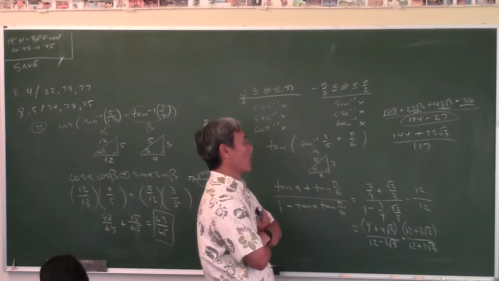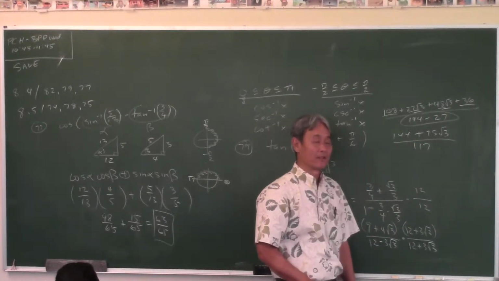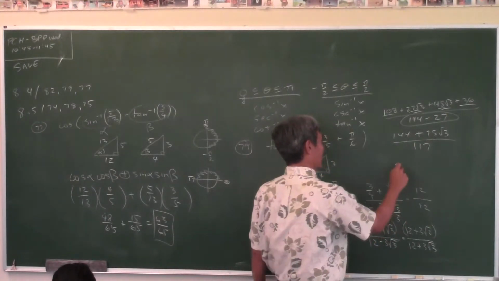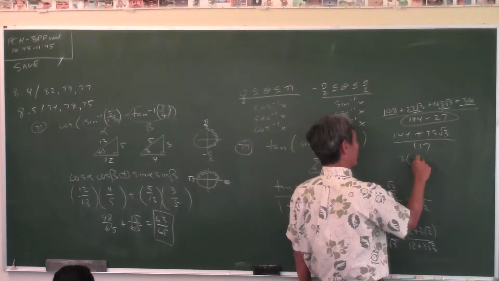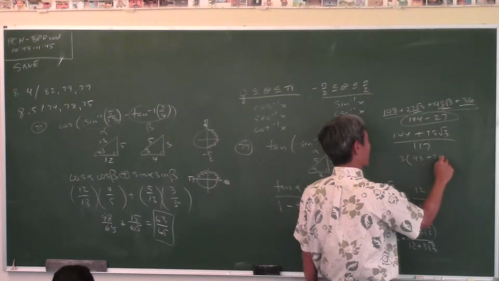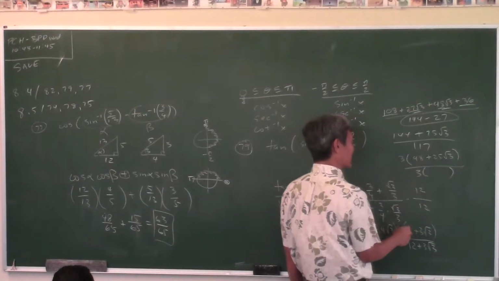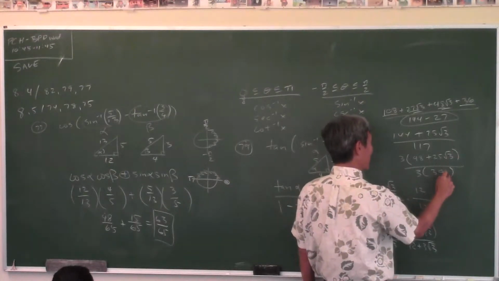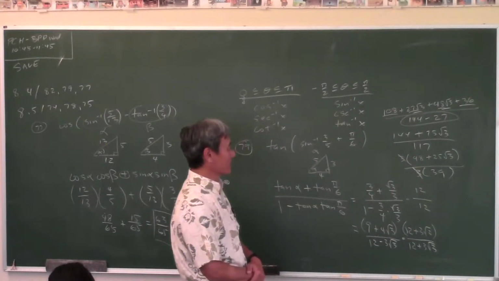If it's not 1, 2. How can 2 go into 75? It can't. 3. So if I factor out a 3 on the top, what do you get? 48 plus 25 root 3, and 3 times what is 117? 39. So that's your answer right there: 48 plus 25 root 3 all over 39.